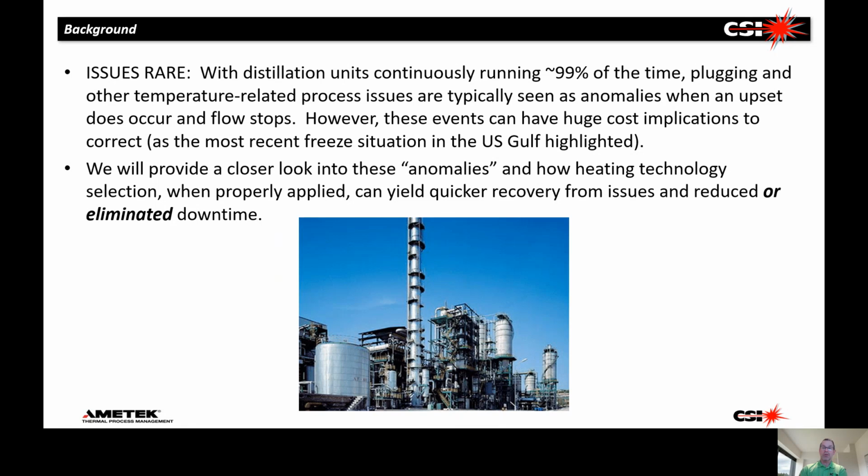But when they do occur, there's really large cost implications that the refineries can incur, as the most recent freeze situation in the Gulf highlighted. So we're going to provide a closer look into these anomalies, how the heating technology selection, when properly applied, can yield quicker recovery from these issues and reduced or eliminated downtime.